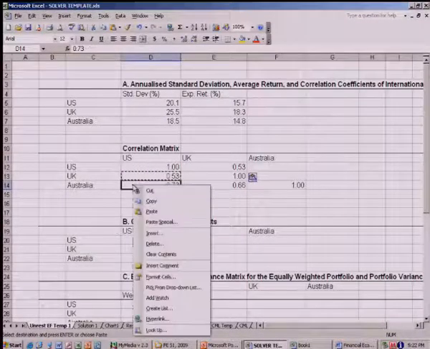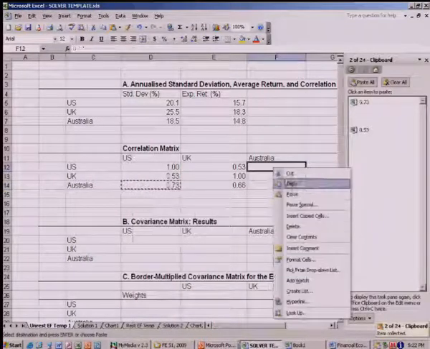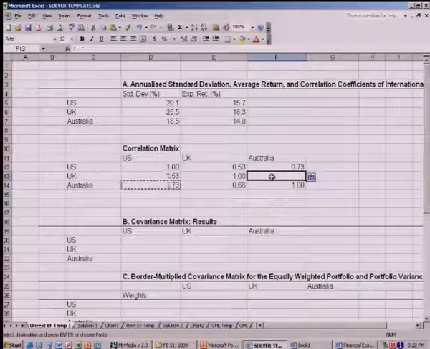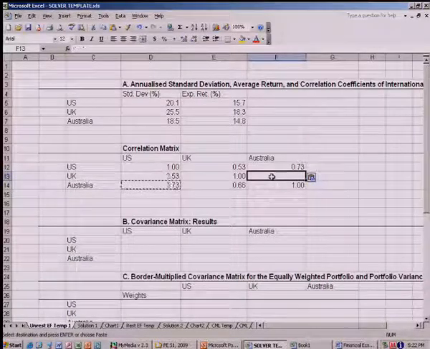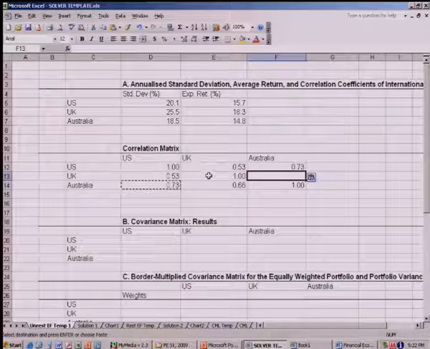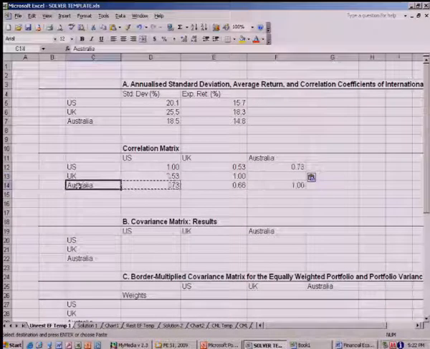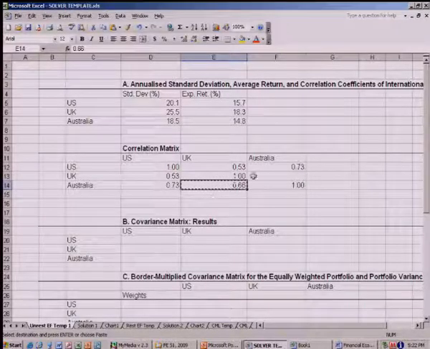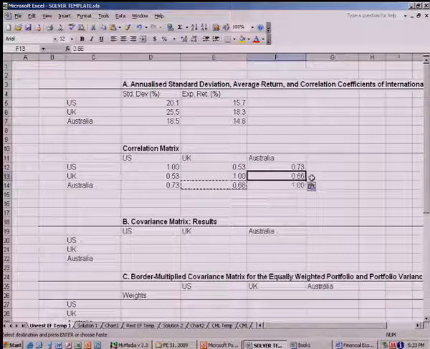So all I have to do is copy and paste that across. And similarly, for the correlation between the returns on the Australian asset and UK asset, if you have a look, this is the Australian asset, this is the UK asset, so that's where the correlation coefficient is. So I just have to paste it across.